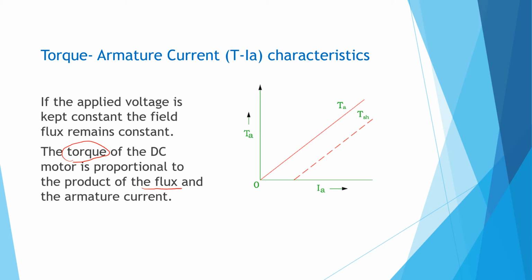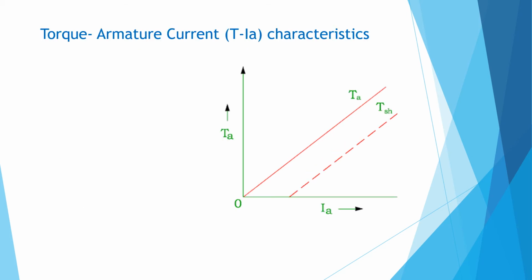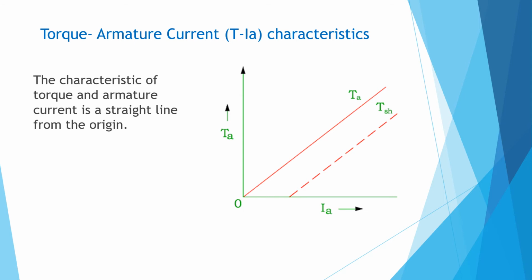Flux is constant. Ta means armature torque, Ia is armature current. The characteristic of torque and armature current is a straight line from the origin.